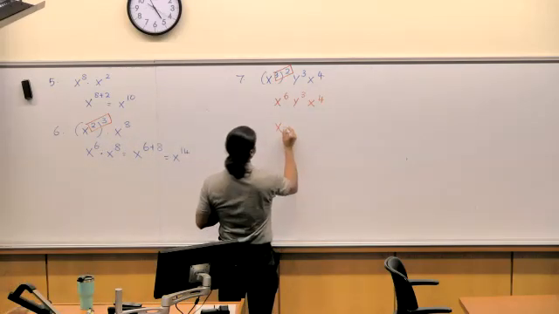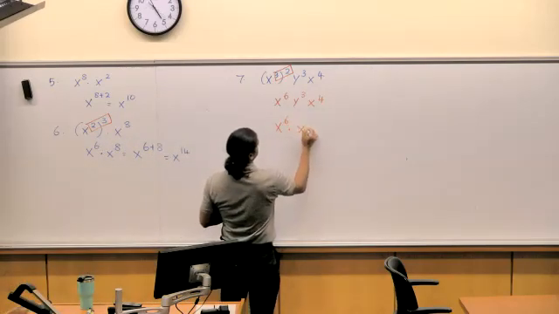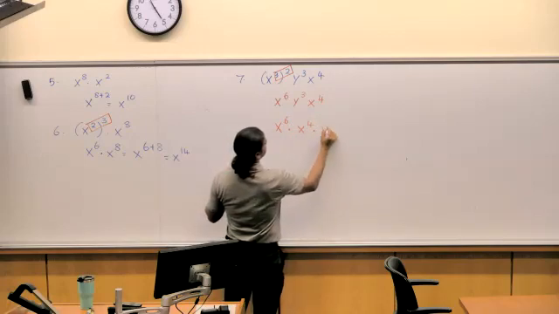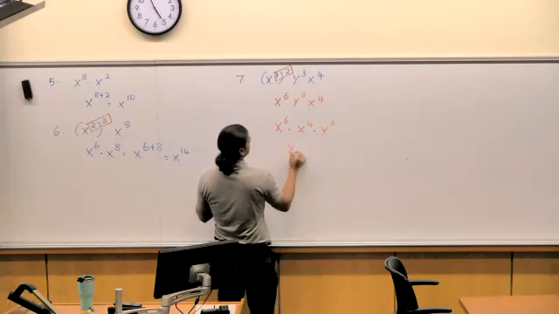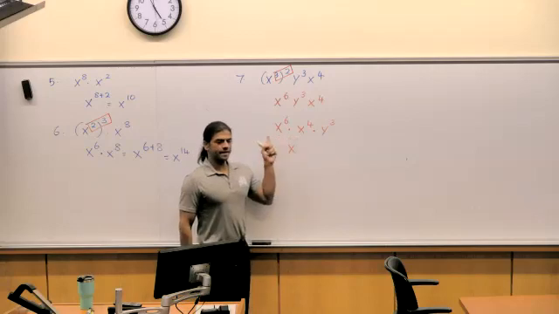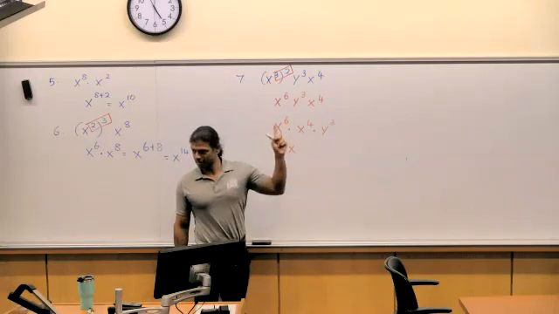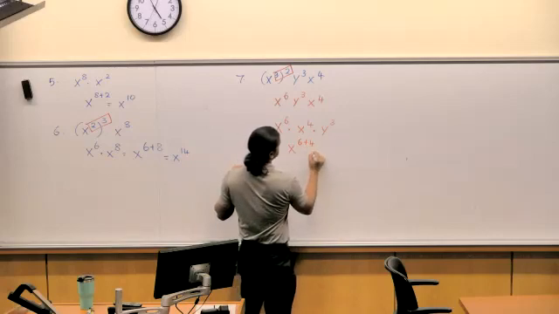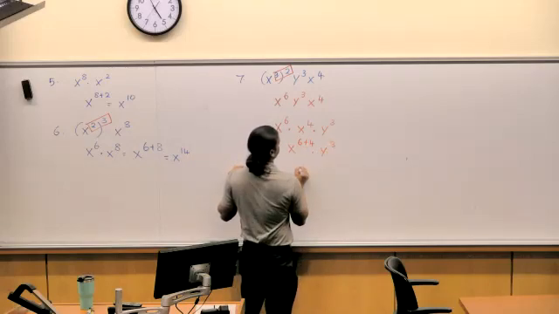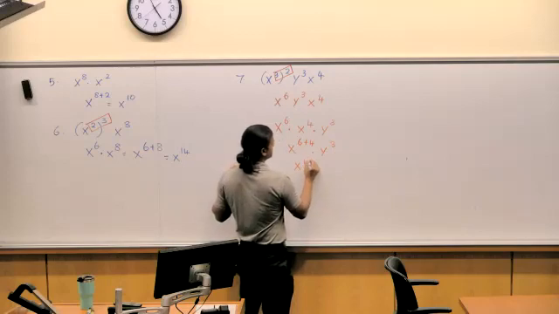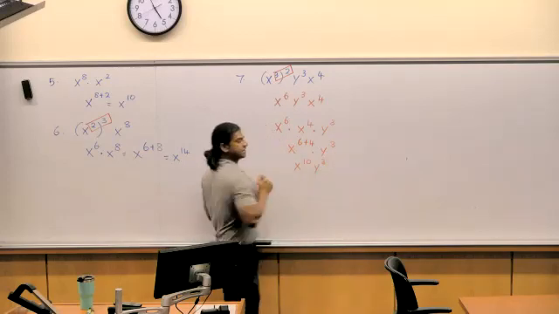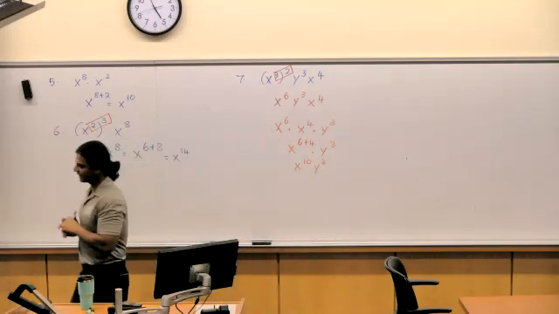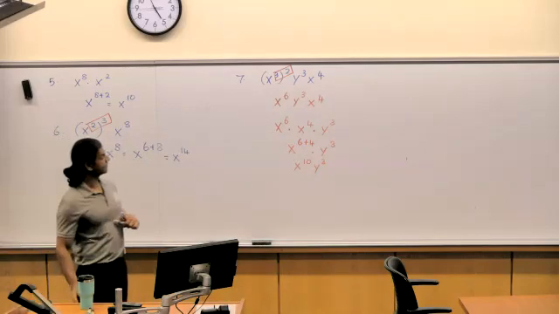So x raised 6 times x raised 4 times y cubed. The bases are identical, so you add the powers, 6 plus 4, multiplied by y cubed. 6 plus 4 is 10. So the answer is x raised 10 times y raised 3.